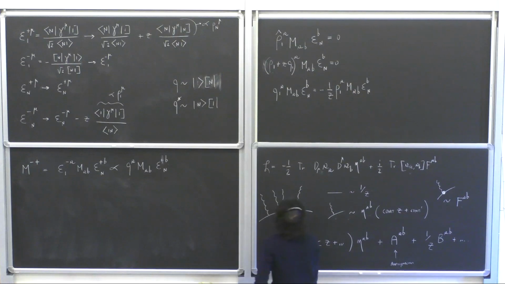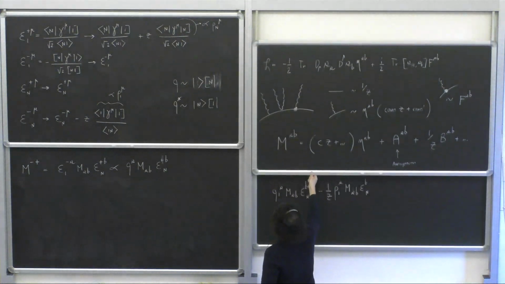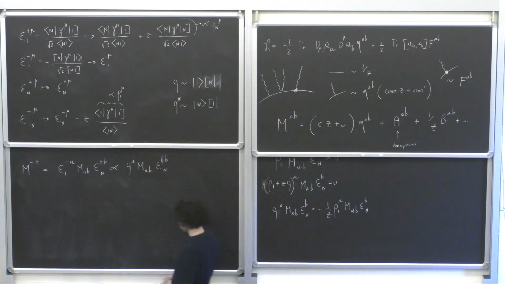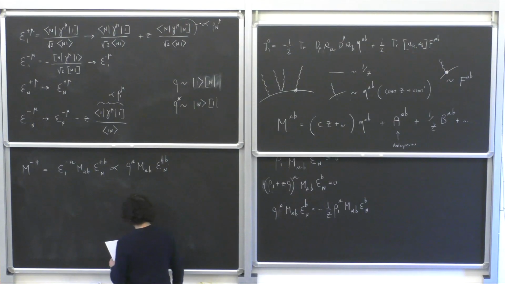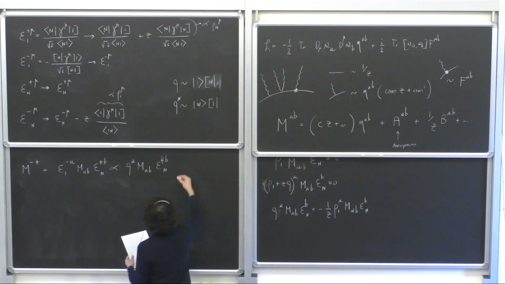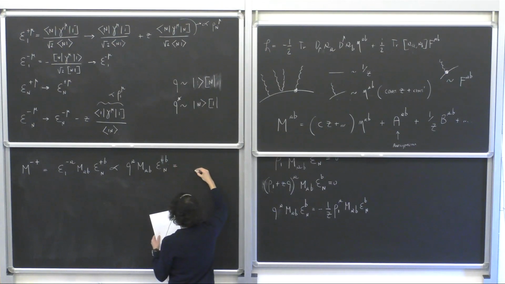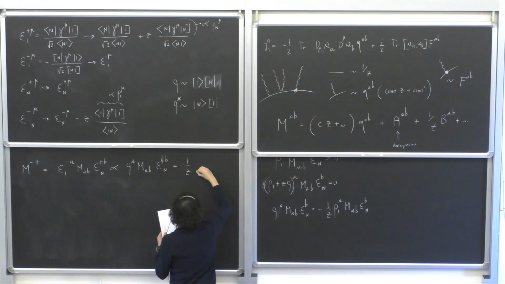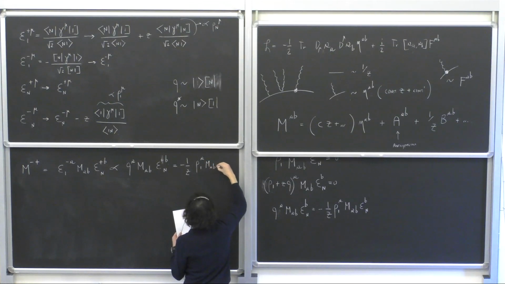And here Q1 is equal to Q, notationally to be consistent. Okay, very good. So by using that relation, I can actually rewrite this as minus 1 over the complex parameter, and then we have P1A, MAB, epsilon B plus N.